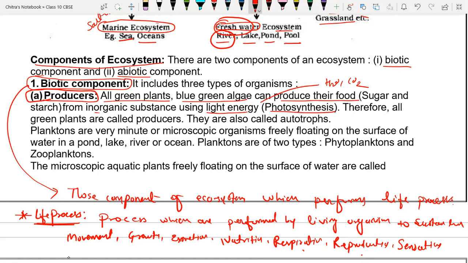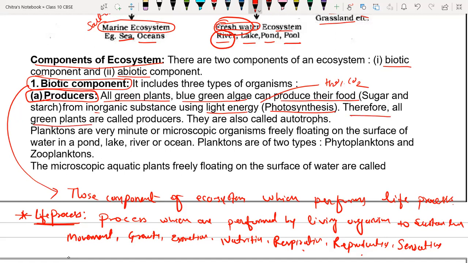Plants absorb water and carbon dioxide, and in presence of light, chlorophyll traps energy from the light in the form of radiation energy and converts it into chemical energy. This process is called photosynthesis, because photo means light and synthesis means to form. It takes place in presence of light where radiant energy is deposited in the form of food. All these organisms are called producers.